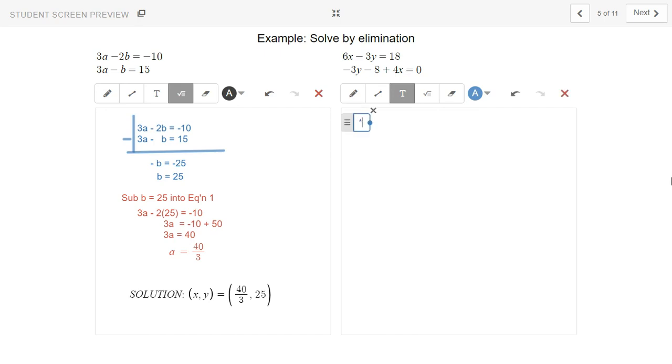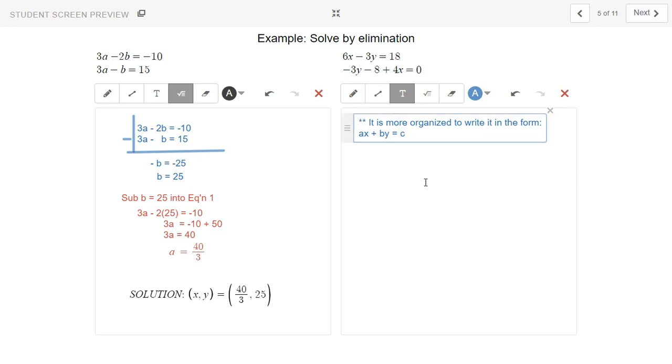So I'm going to put a little note here. It is more organized to write it in the form ax, so a coefficient and x, plus a coefficient and y is equal to c, being some sort of number.